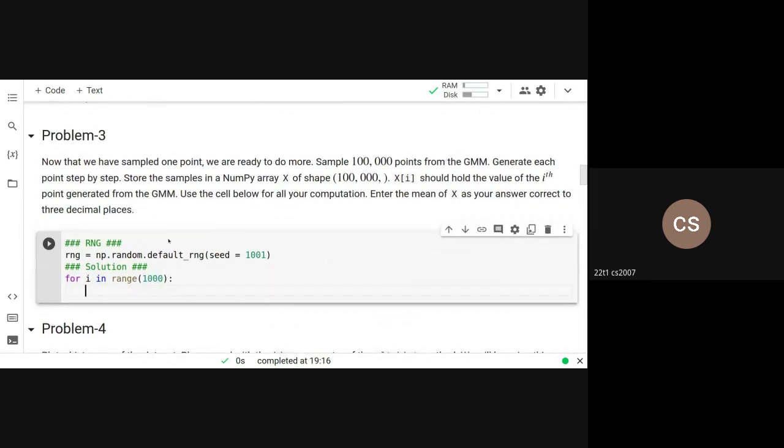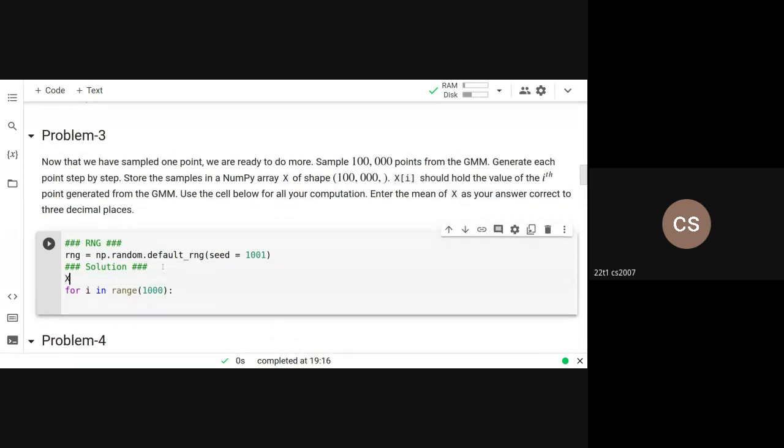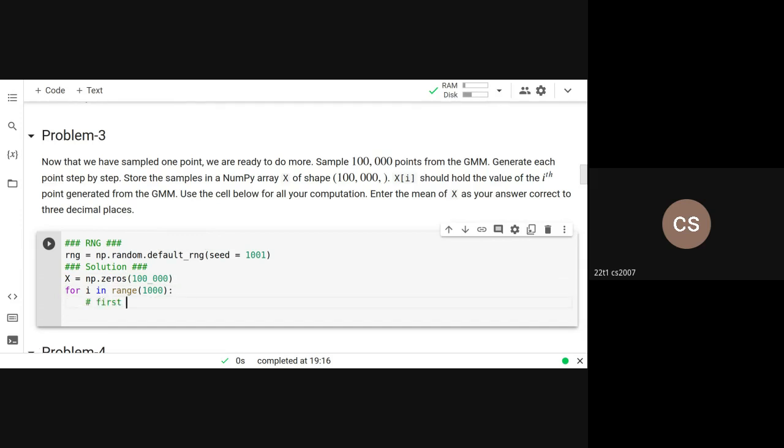Okay, so to begin with, I create space for these 100,000 points. I'm going to use np.zeros of 100,000, meaning generate an array of 100,000 elements, all of which are zeros. Once I do this, I can do the first step of my GMM.